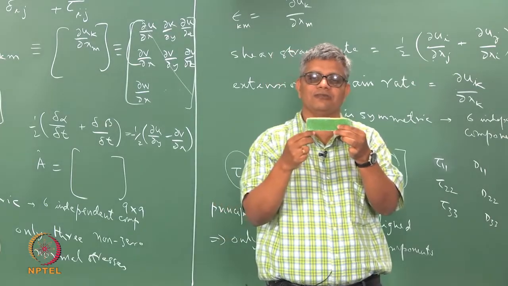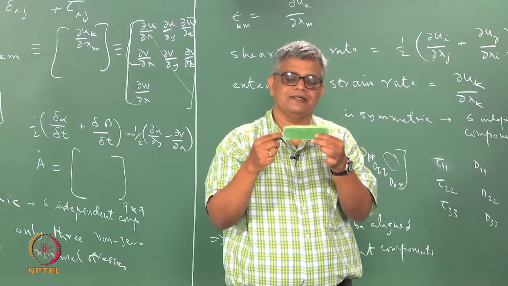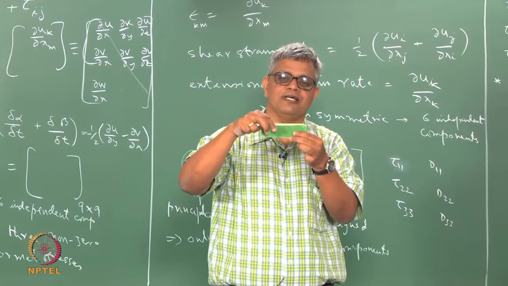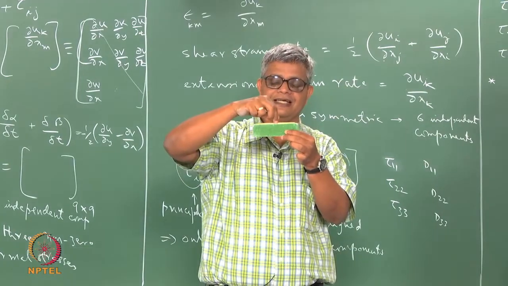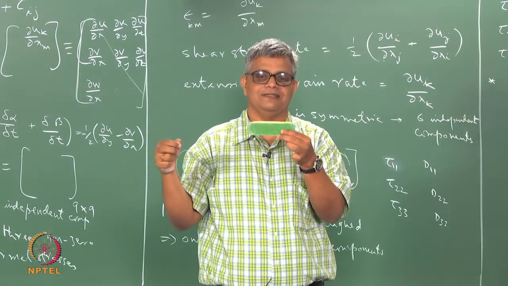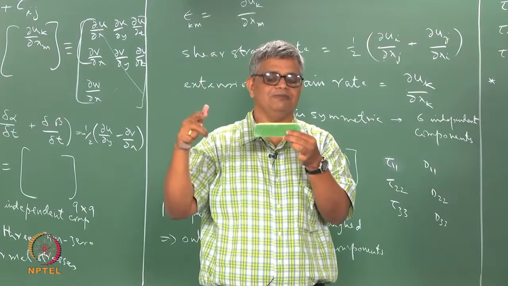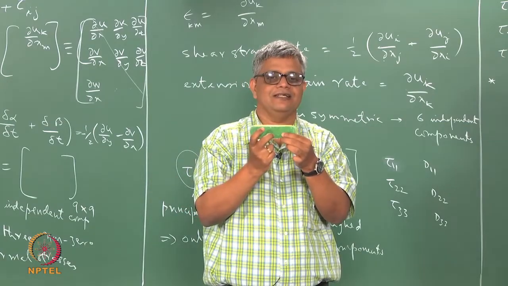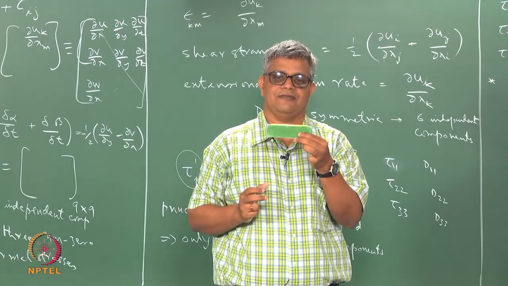If the body is isotropic, it does not matter whether the contraction is produced by application of a tensile stress in the y direction or x direction. If the stress is the same, then it produces the same amount of contraction in the z direction. Okay.